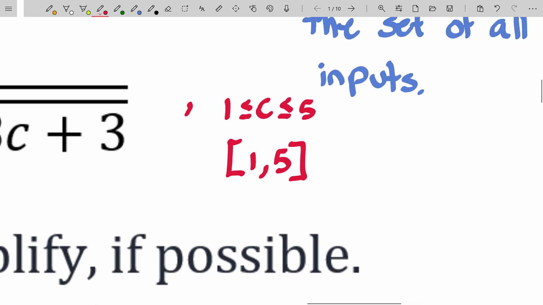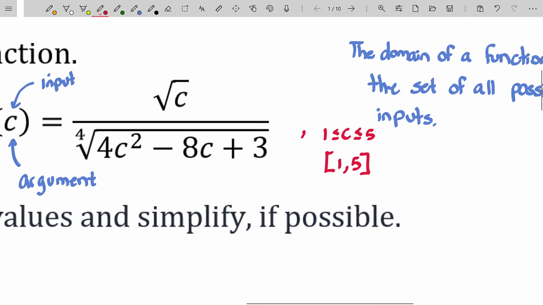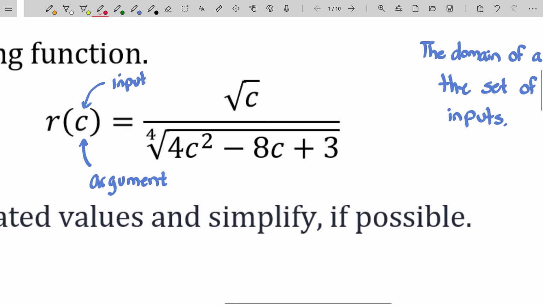Again, I'm not actually restricting the domain of this function that way, but if somebody handed you a function and did give you an explicitly restricted domain, that explicit restriction is the domain of the function. And I call that an explicitly defined domain.